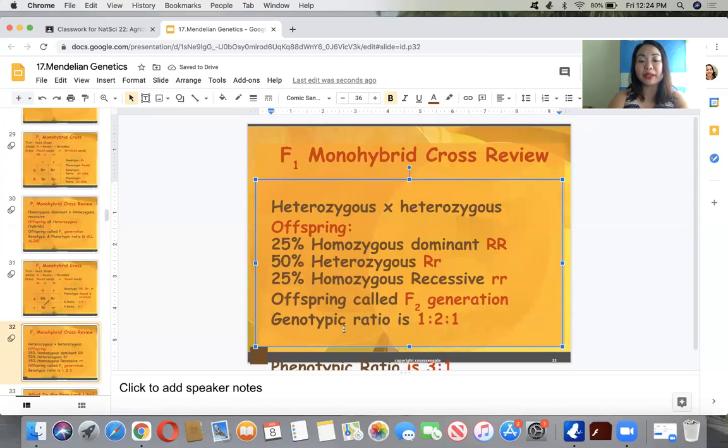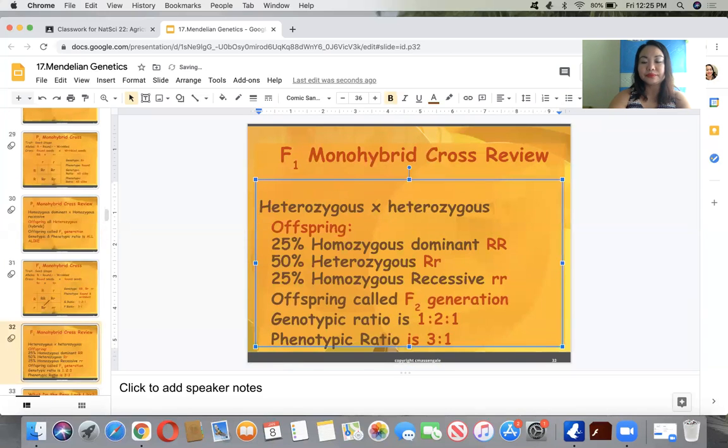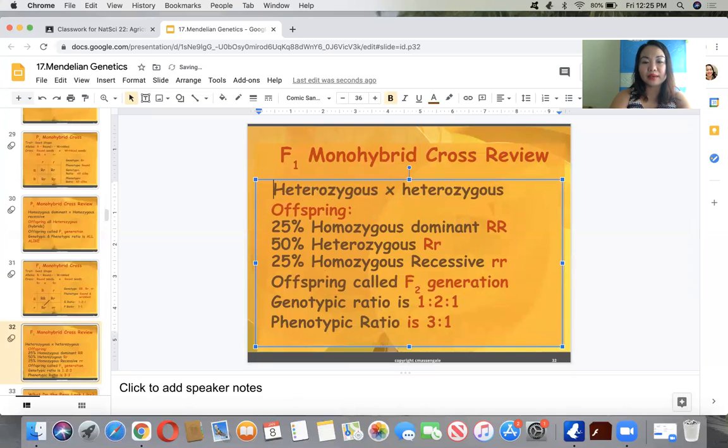So the genotypic ratio is 1:2:1 and the phenotypic ratio is 3:1.